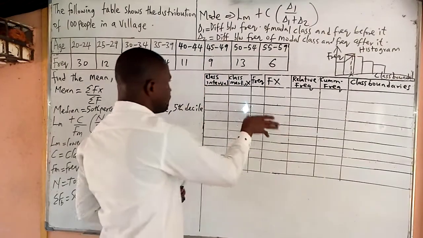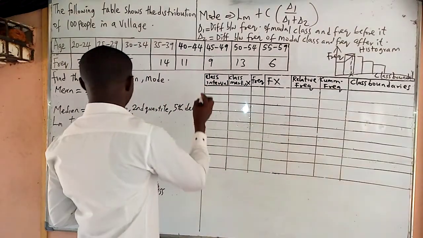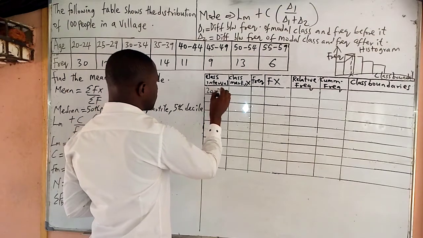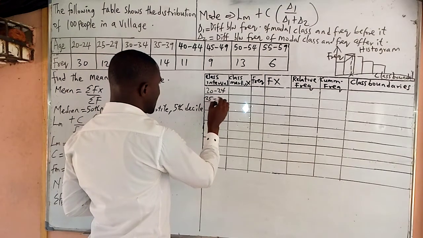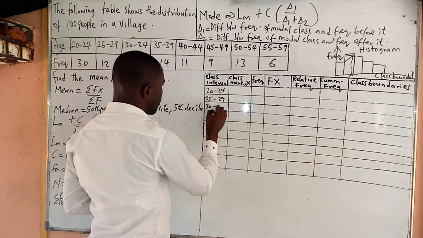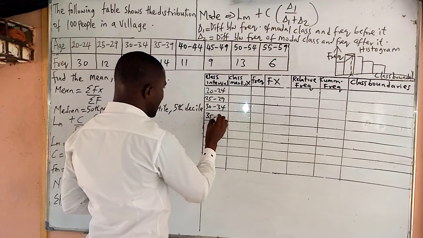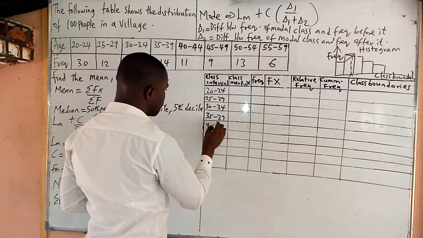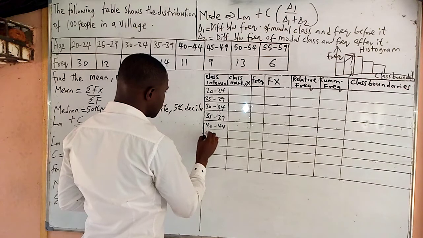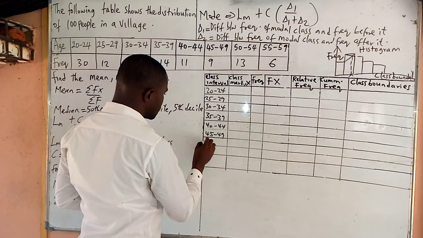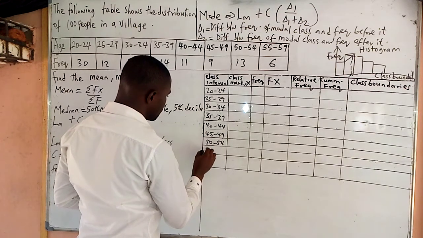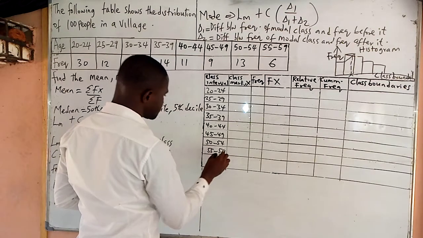Now we go to filling this table. Our class intervals are 20 to 24, 25 to 29, 30 to 34, 35 to 39, 40 to 44, 45 to 49, 50 to 54, 55 to 59.